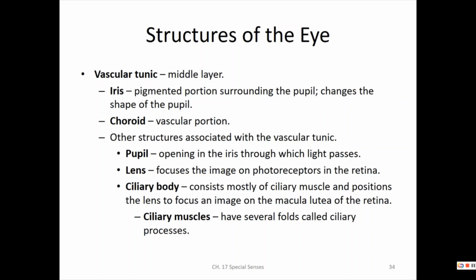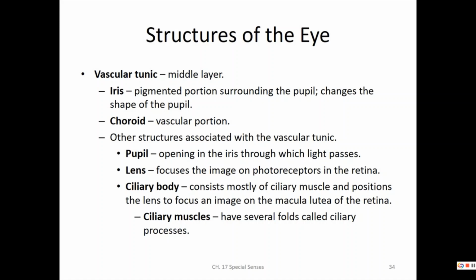These are smooth muscles, and they position the lens to focus it. That means they change the lens thickness and a little bit change the lens position in the eyeball to make sure that light goes to the macula lutea of the retina. Remember, the macula lutea on the retina is like a target.